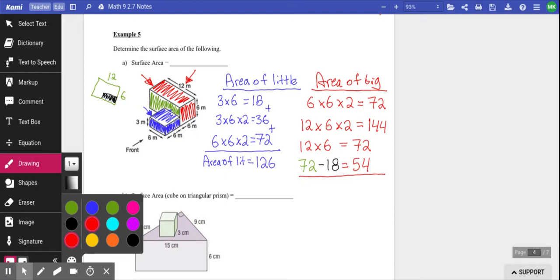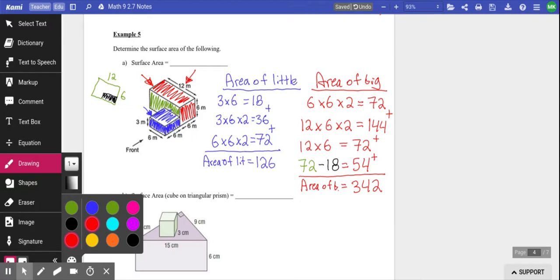If you add all those together, you should get 342. That's the area of the big one.